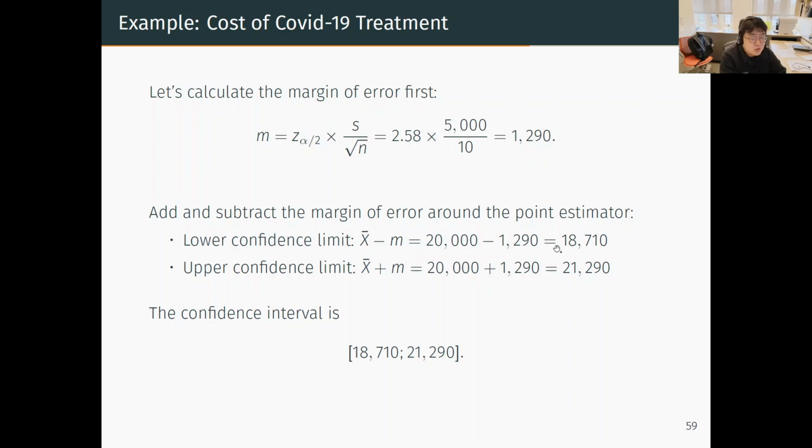So the conclusion is, our estimation result is the true mean will be somewhere in between $18,710 and $21,290, with probability 99%.